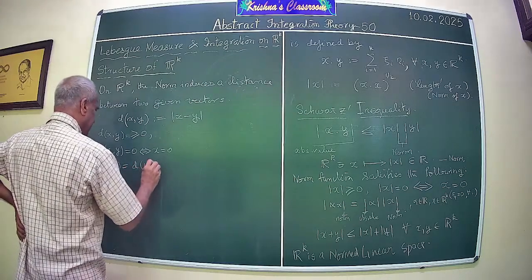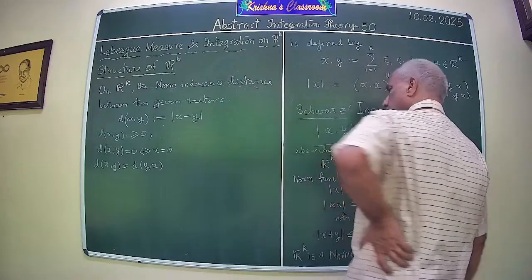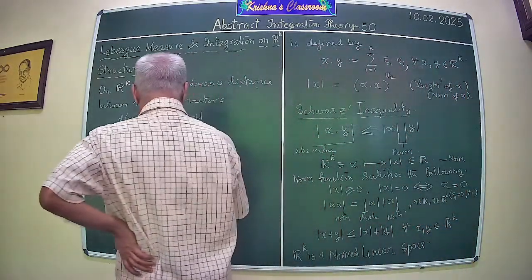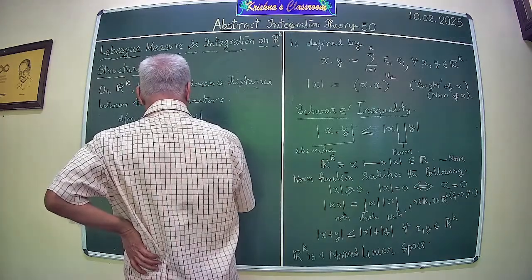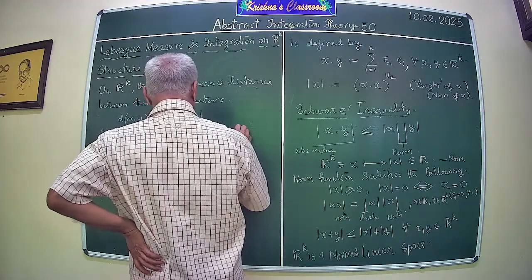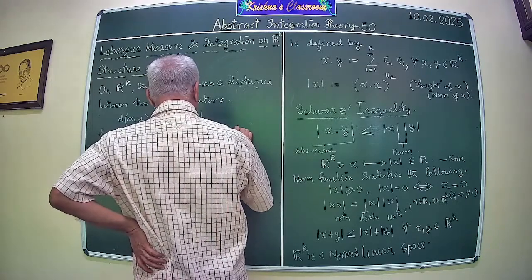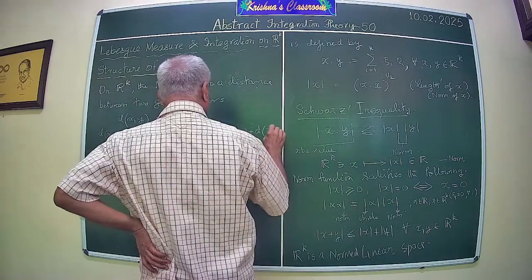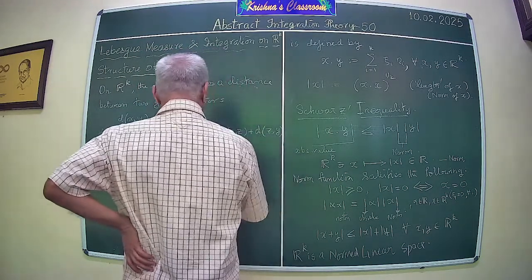This is symmetry. It simply says that the distance from x to y is the same as the distance from y to x. And finally, d(x,y) is less than or equal to d(y,z) plus d(x,z) for every x, y, z.